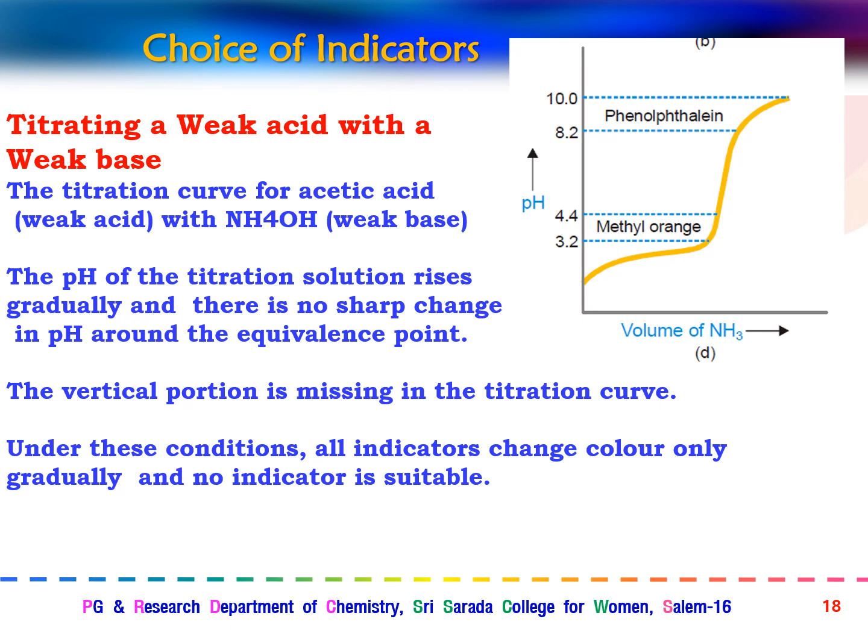Here the vertical portion is missing in the titration curve. Under these conditions, all the indicators change color only gradually. Here no indicator is suitable for this type of titration.